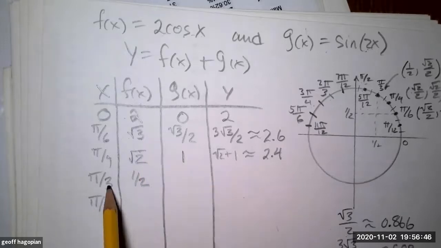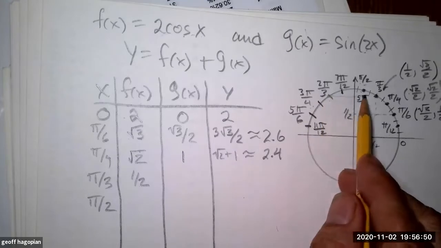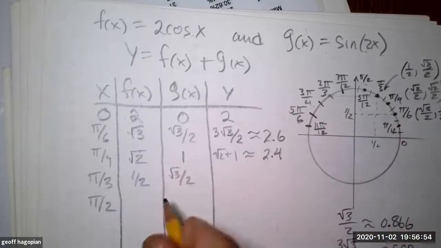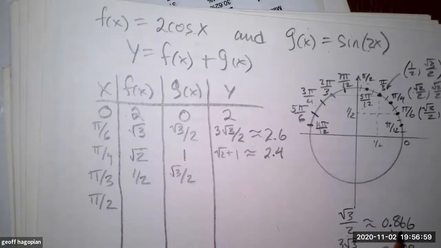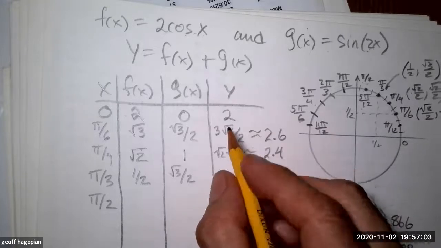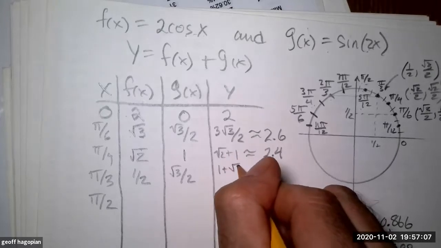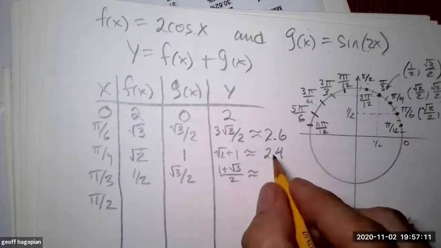So at pi over 3, we got 1/2. What's the y coordinate here? Well, it's the same as the y coordinate over there, which is square root of 3 over 2, right? So that's going to be 0.866 plus 0.5 is 1.366. So let's say 1 plus square root of 3 over 2 is going to be approximately 1.4.